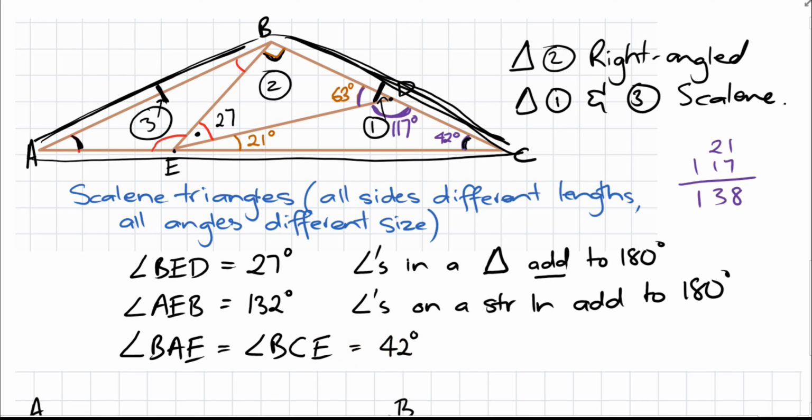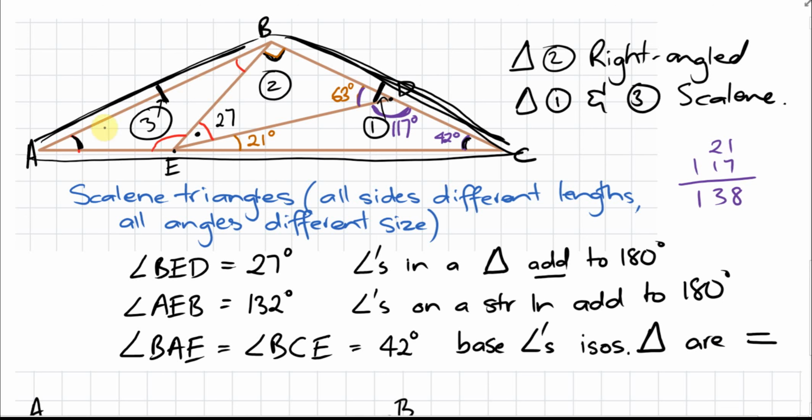And the reason for that is base angles in an isosceles triangle are equal. You can abbreviate it or you can just write 4 words.